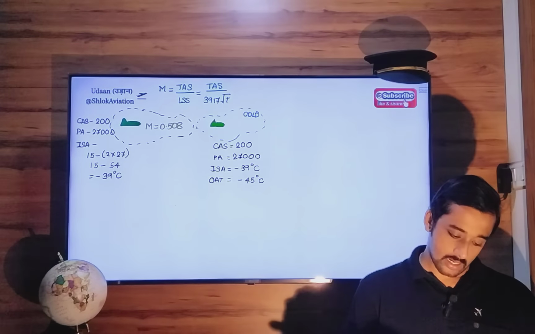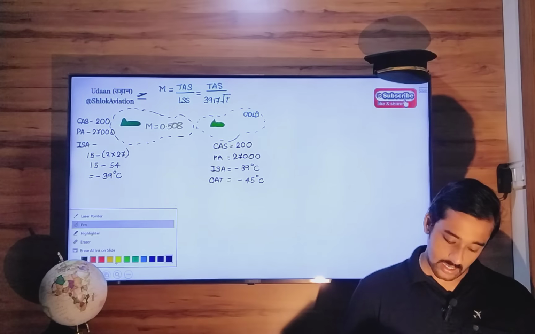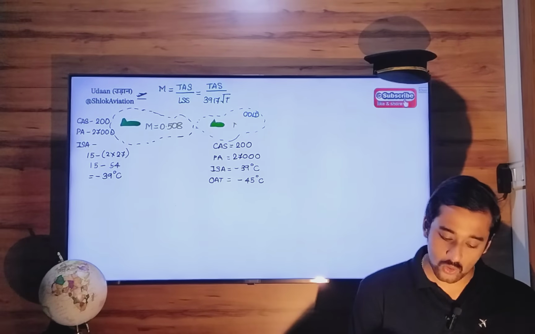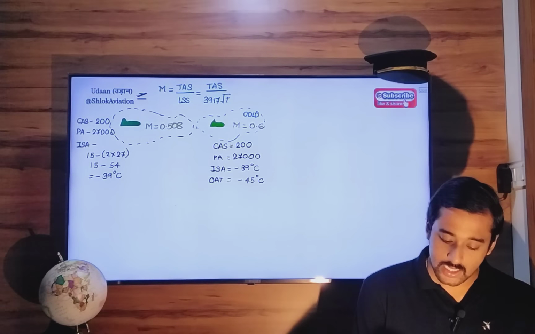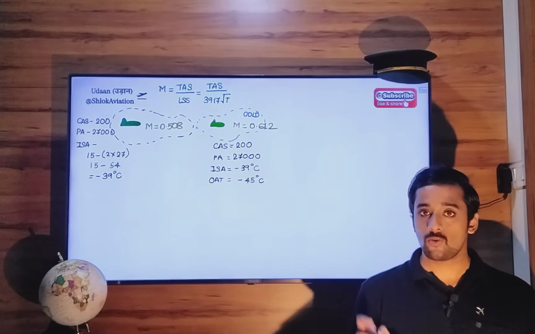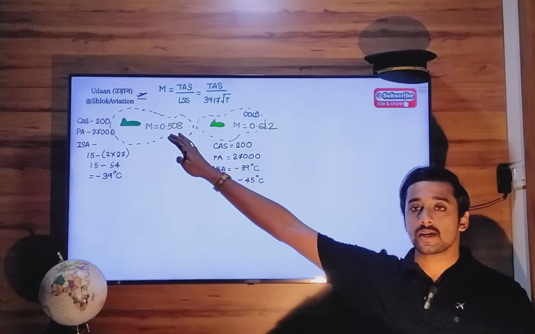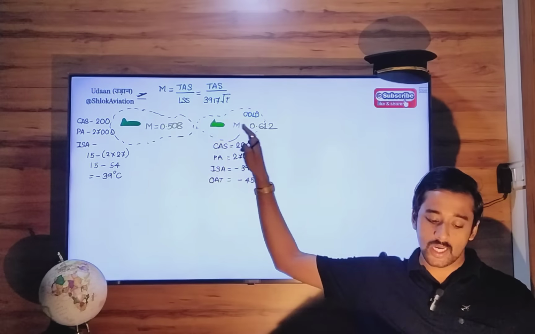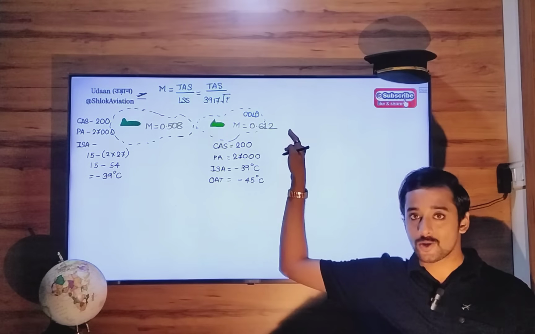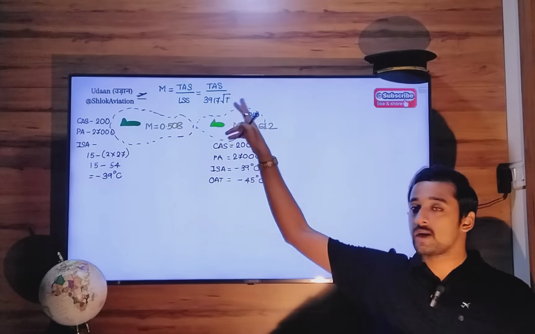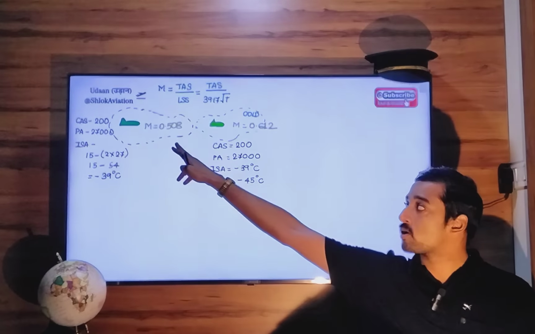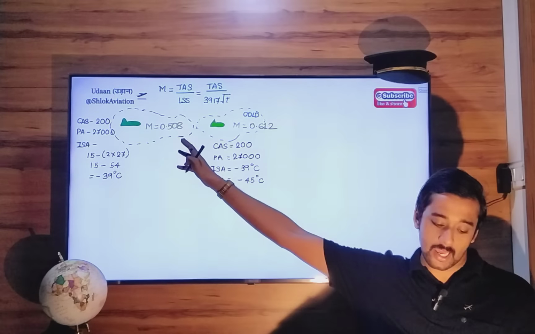TAS is 360 and the new Mach number in this cold air mass is 0.612. So what has happened? Mach number has increased from 0.5 to a new Mach number of 0.612. This Mach number in colder air mass is much more than the Mach number you were flying at in warm air mass.